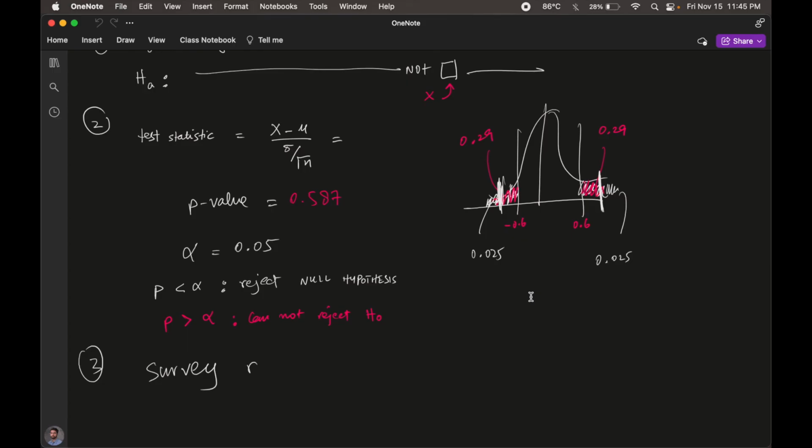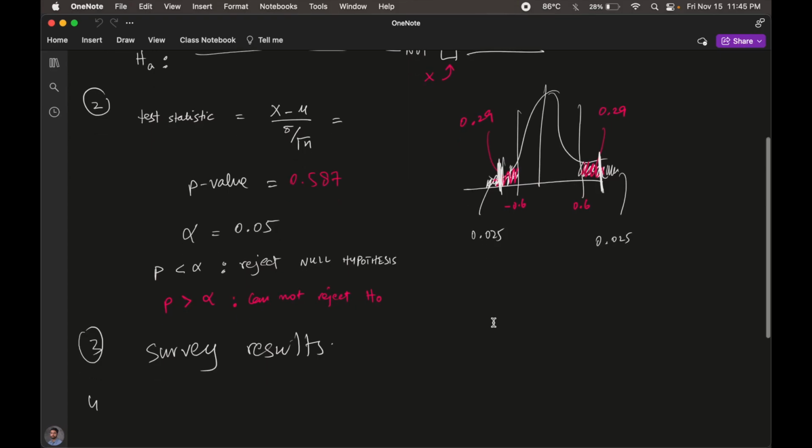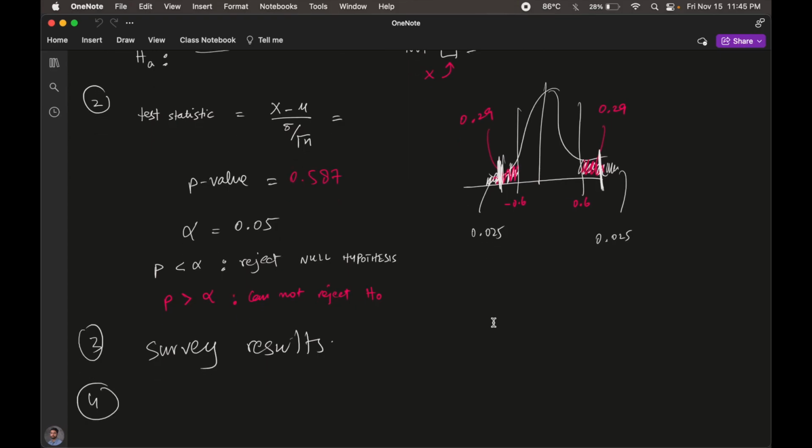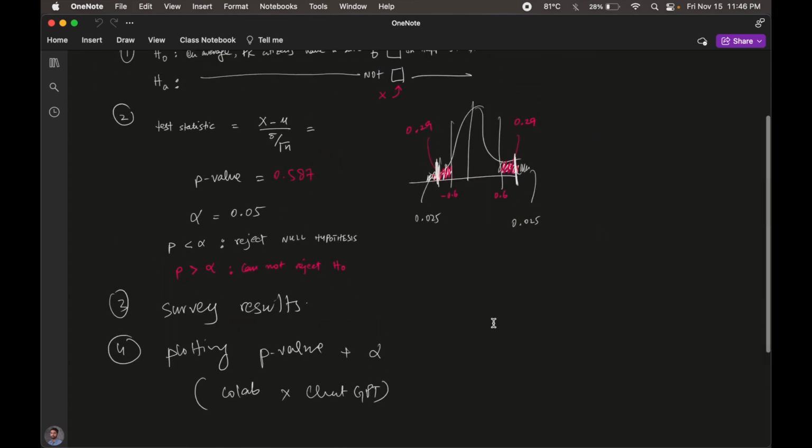And then the fourth idea that we worked on is quite literally plotting p-values and alpha. And for that, we used Colab and Chat GPT to obtain the code, right? So this is something that we worked with.